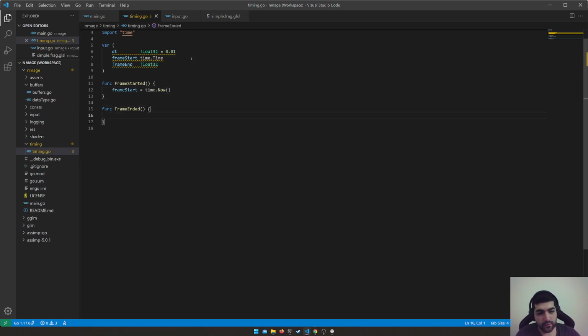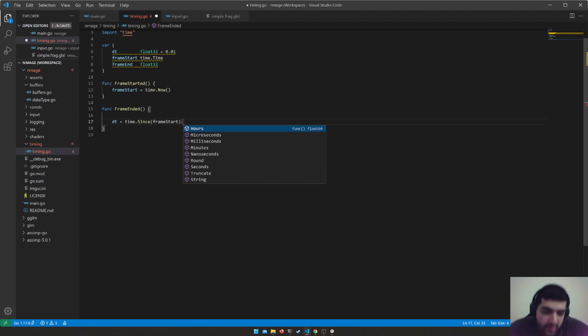And then at frame ended, we want to calculate the time it took since the frame started. So we can do time.Since. All it does is subtraction from time.Now, which is the time at the frame end, minus the time t. So you can say time.Since(frameStart). And this is basically our delta time. So our dt.